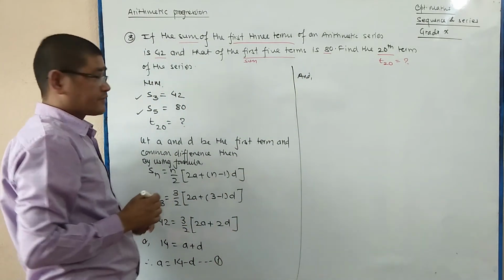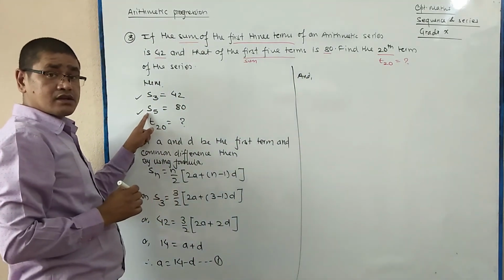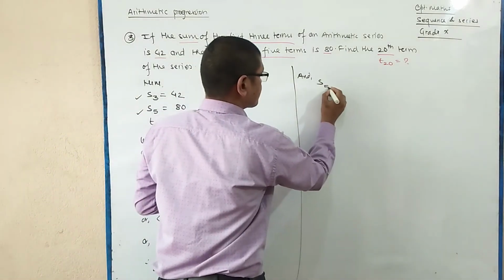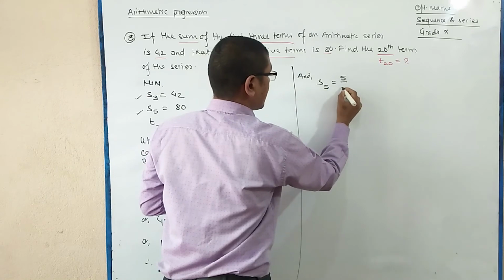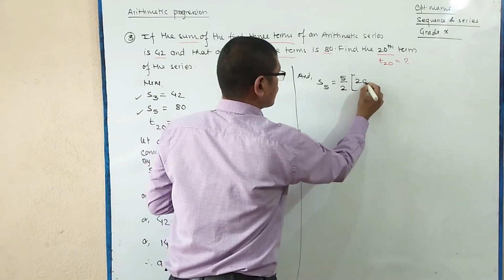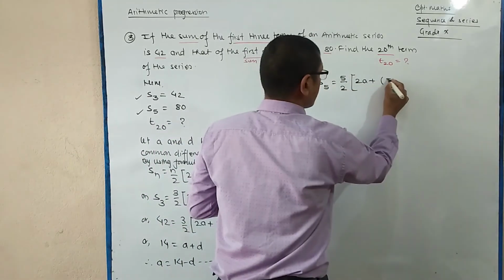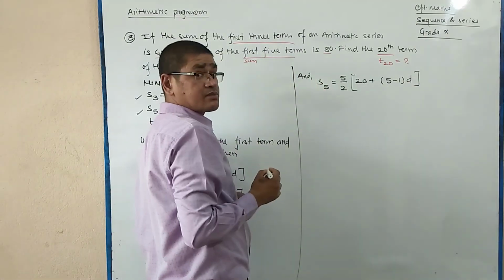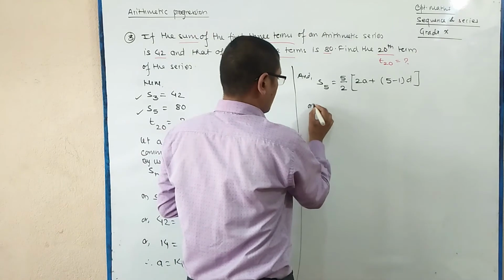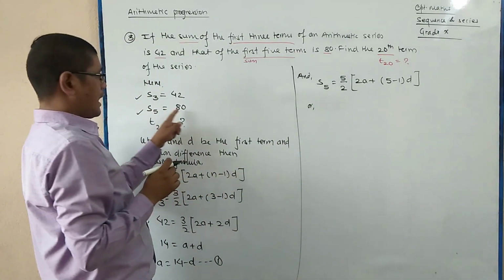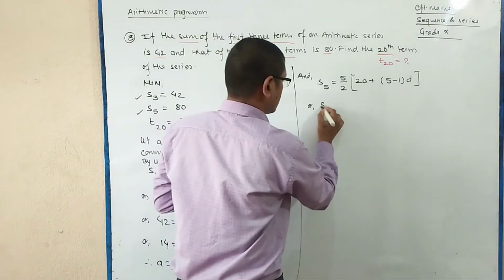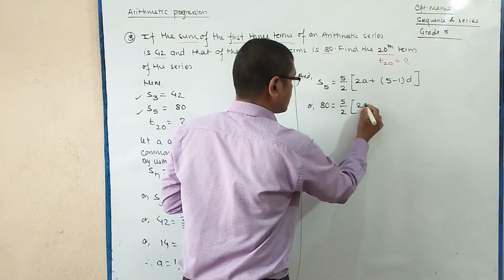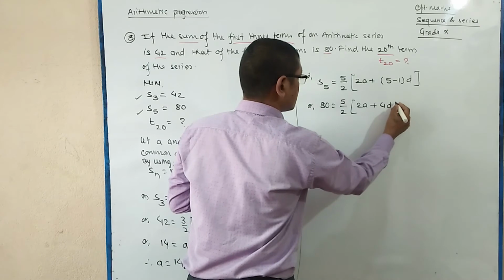And after this we are making another equation for S5. So S5 equals 5 by 2 times twice a plus 5 minus 1 d, or twice a plus 4d we can write. S5 means we have 80, so 80 equals 5 by 2 times twice a plus 4d.